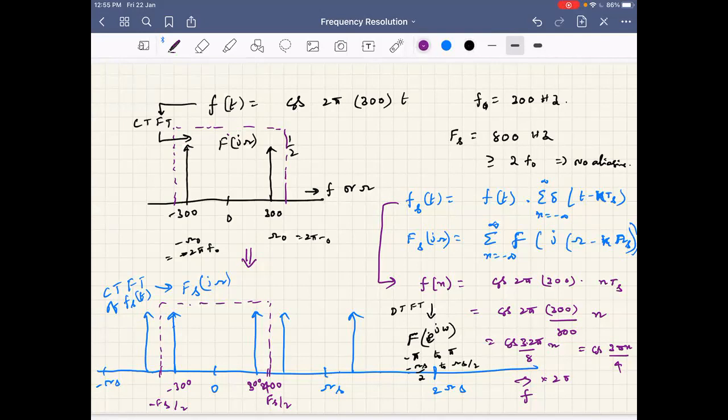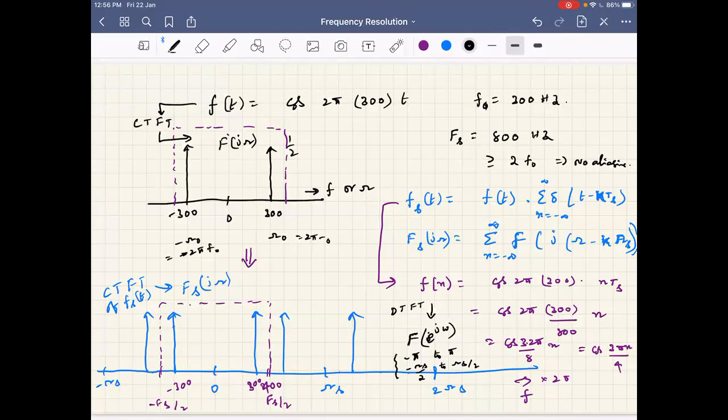When I move on to the discrete time Fourier transform from the continuous time Fourier transform, because this is a discrete signal, it doesn't explicitly retain the information of fs, because of the periodicity of the cosine signal itself, or because of the sampling itself.